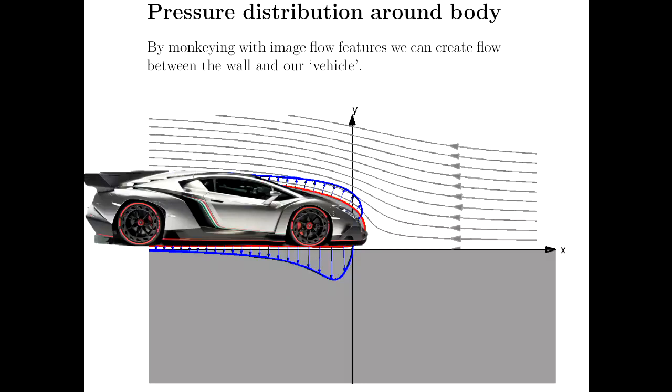And that's why a lot of hypercars and F1 cars are very close to the ground. When the cars are very close to the ground, the flow accelerates underneath the car, and it sucks the car down and gives better traction.